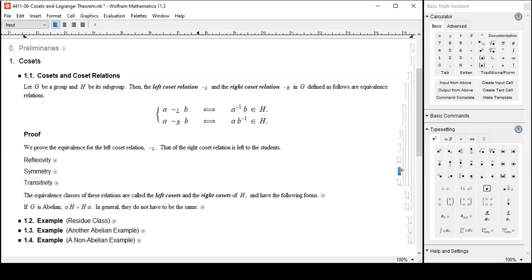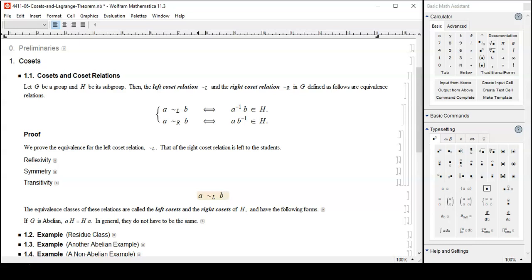And then how about the transitivity? Maybe that's a little bit more complicated. A is related to B and B is related to C, then A is related to C. That's the transitivity, isn't it?